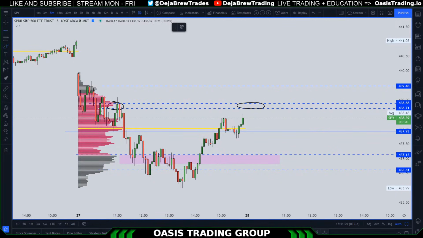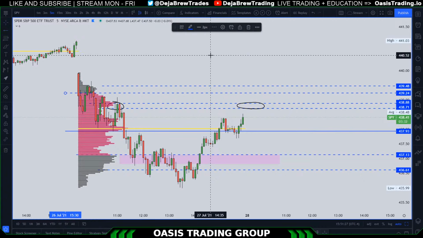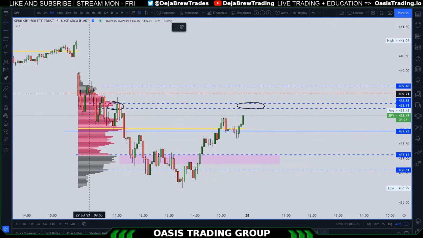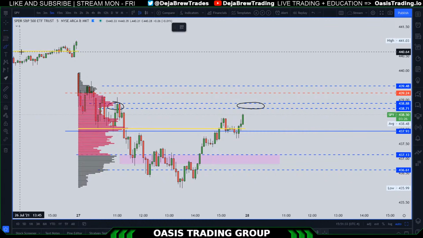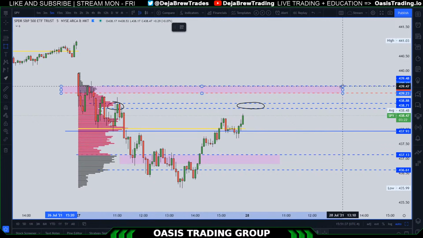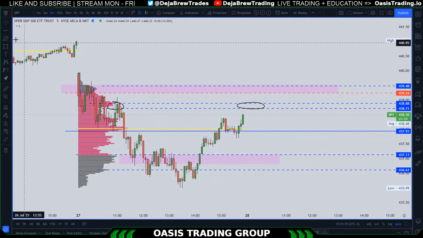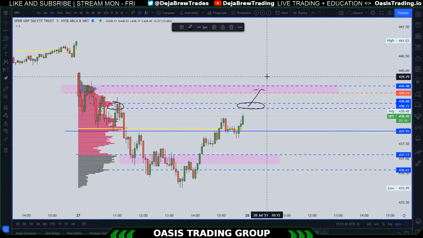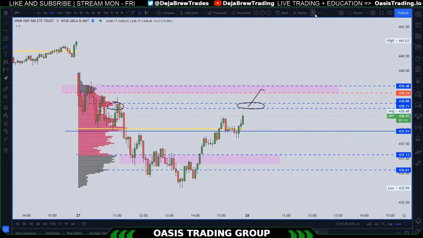So if this goes to retest the value area high, let me color code these so it makes it easier, or this support node right here, then you're going to be underwater a little bit. If you try to short this and it goes to there, you're going to be underwater. So that would be the very aggressive way to short.